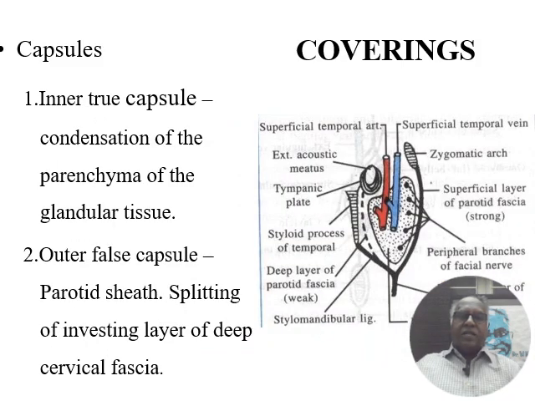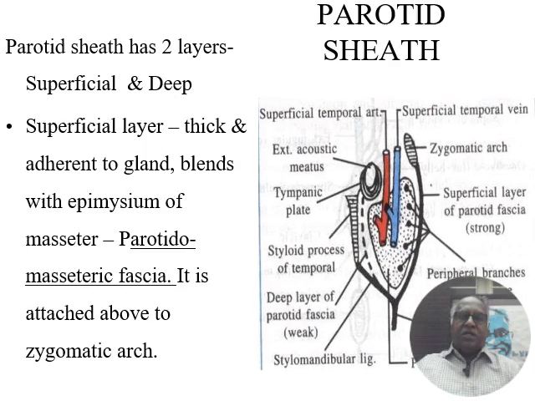The parotid gland has two capsules: the inner true capsule, which is a condensation of the gland tissue proper, and an outer false capsule derived from the investing layer of the deep cervical fascia. The outer false capsule, the parotid sheath, has two layers.